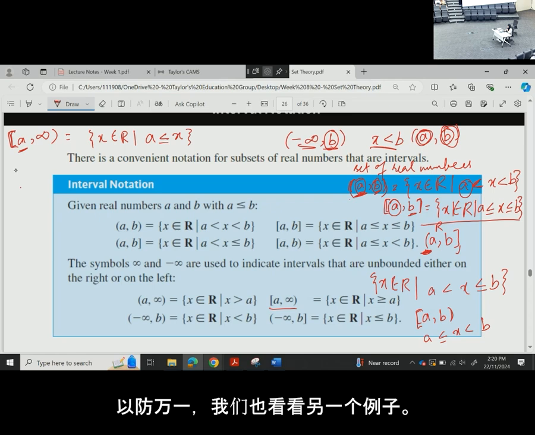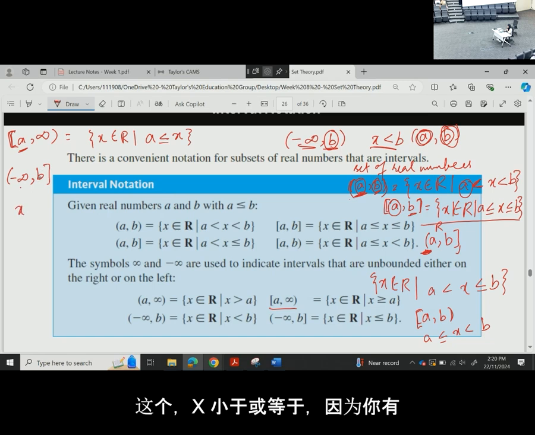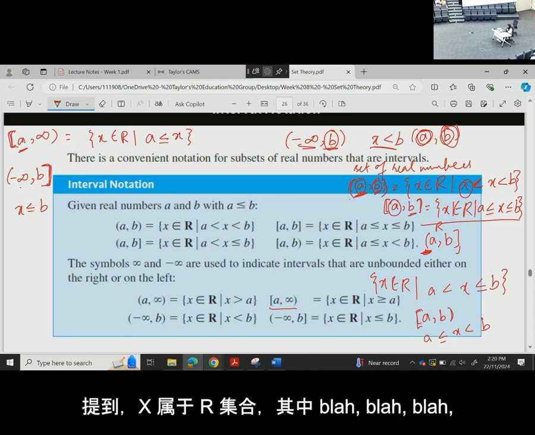Let's look at the other example as well. This one: X is less than or equal to B, because you have your square bracket, and everything else you will mention, X belongs to the set of R where and so on, like this.